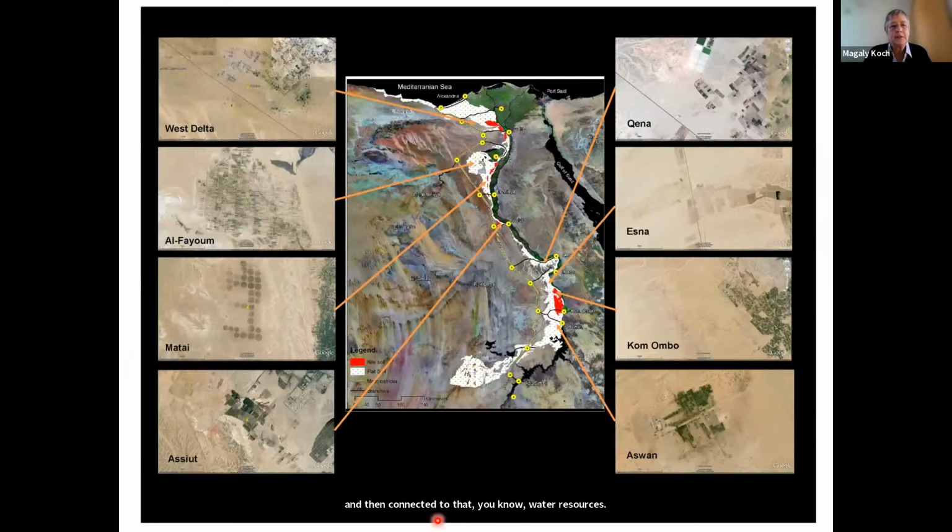So for the last couple of decades, actually, the Egyptian government has been trying to reclaim desert land near the Nile Valley for agriculture. They're basically expanding the agriculture into the desert.